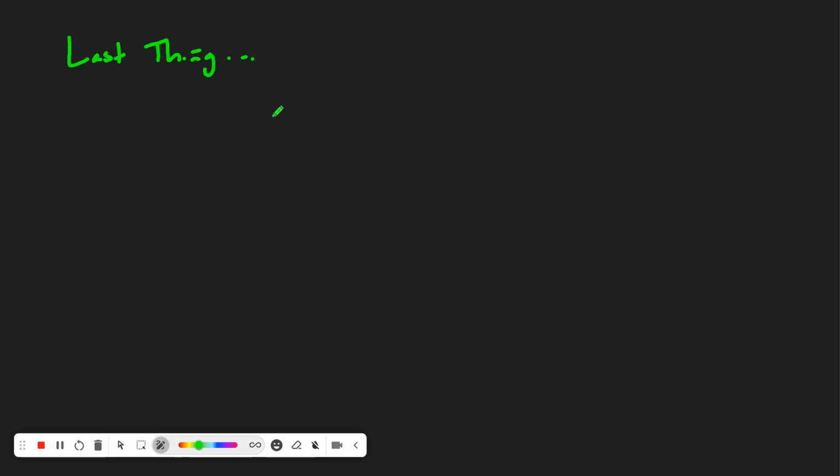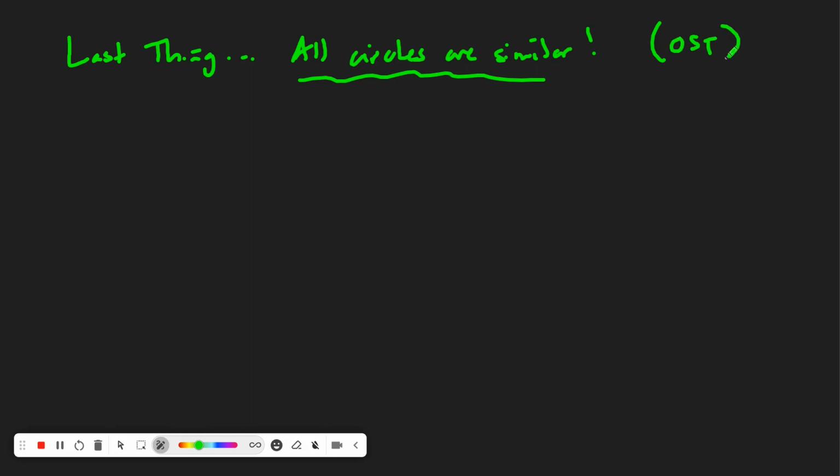We haven't really talked about these yet, but this is where I'm going to fit it in. All circles are similar. And again, I'm doing this because of the geometry OST.